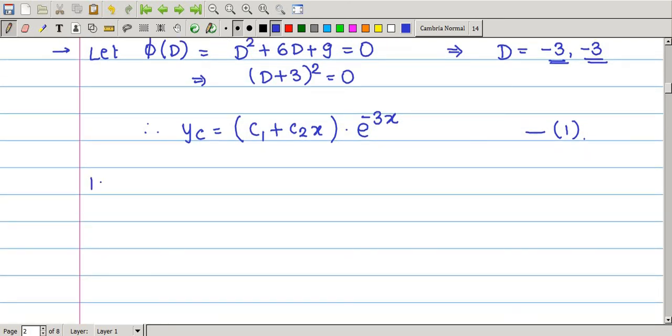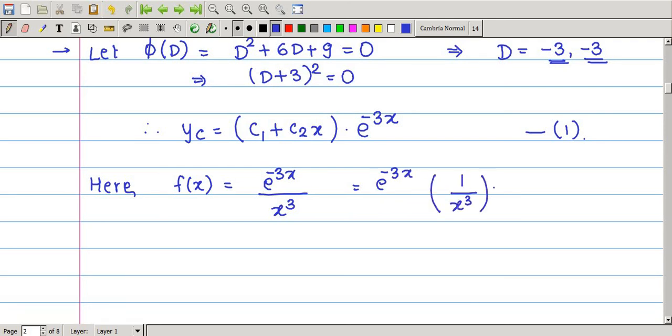Now here f of x is e raised to minus 3x upon x cube. If we go for the shortcut method, we consider this as e raised to minus 3x into 1 upon x cube.